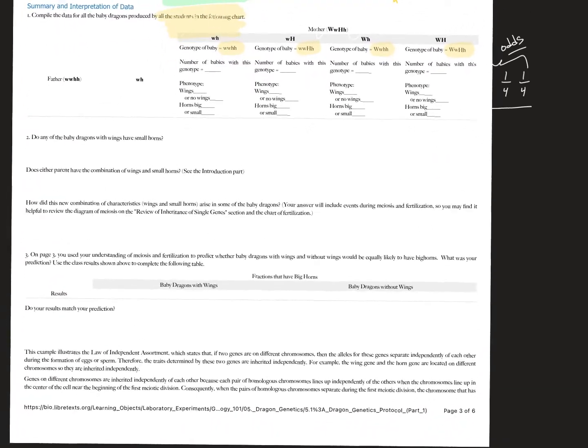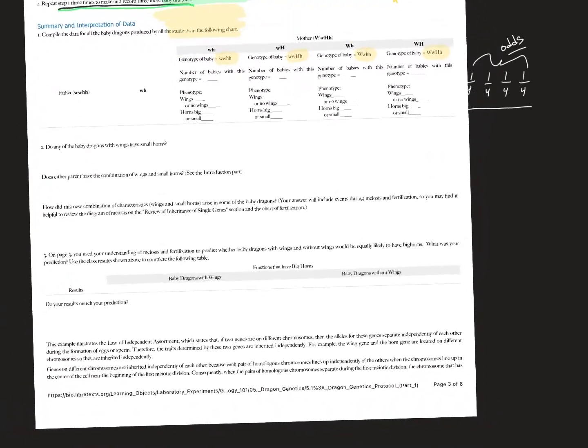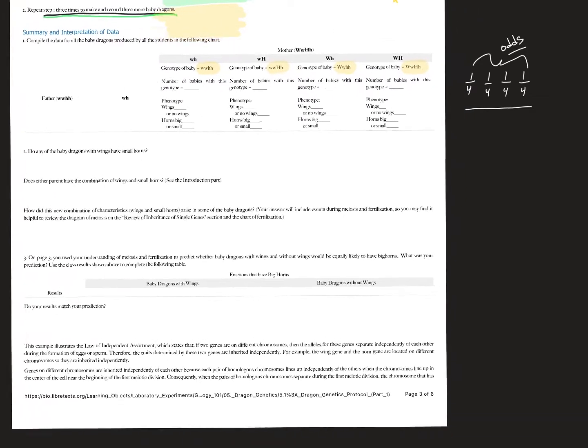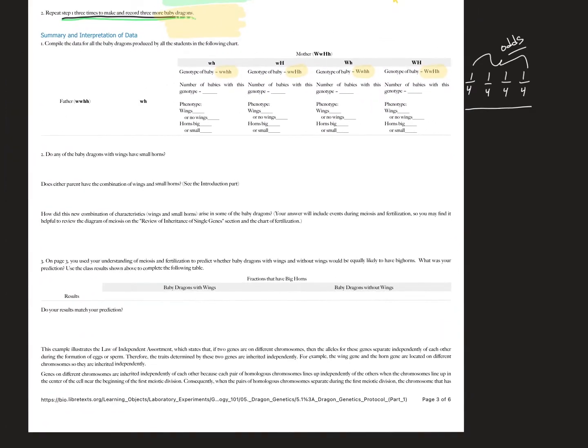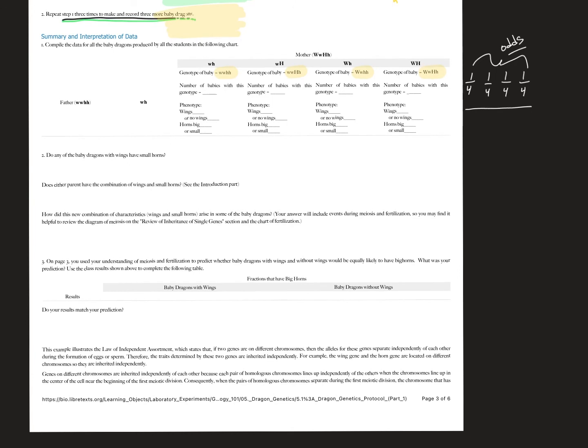So it's about randomness. Do any of the baby dragons with wings have small horns? Are there any winged babies with small horns? Yeah, there will be. Eventually there will be. Even if you personally didn't get any, eventually there will be.